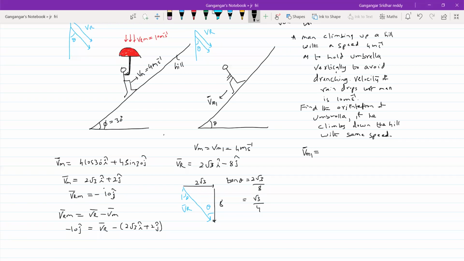So let's VM1 bar. Shall I say VM1 bar will be minus of VM bar, negative vector? So this should be equal to minus of 2 root 3 I cap plus 2 J cap.